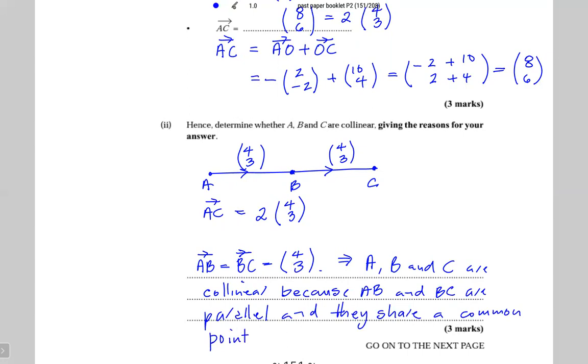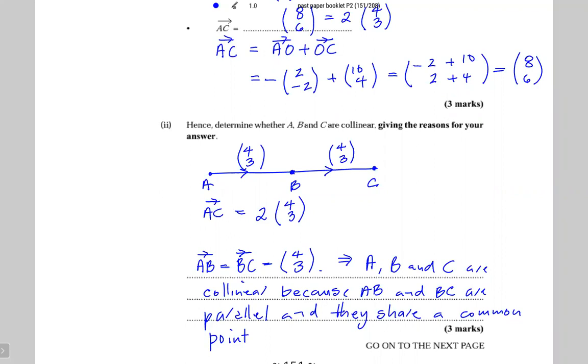So if two lines are parallel and they share a common point, the two lines form a straight line. The word collinear means in the same straight line. How do we show that three points are on the same straight line? Show that the two vectors are parallel, and they share a common point.